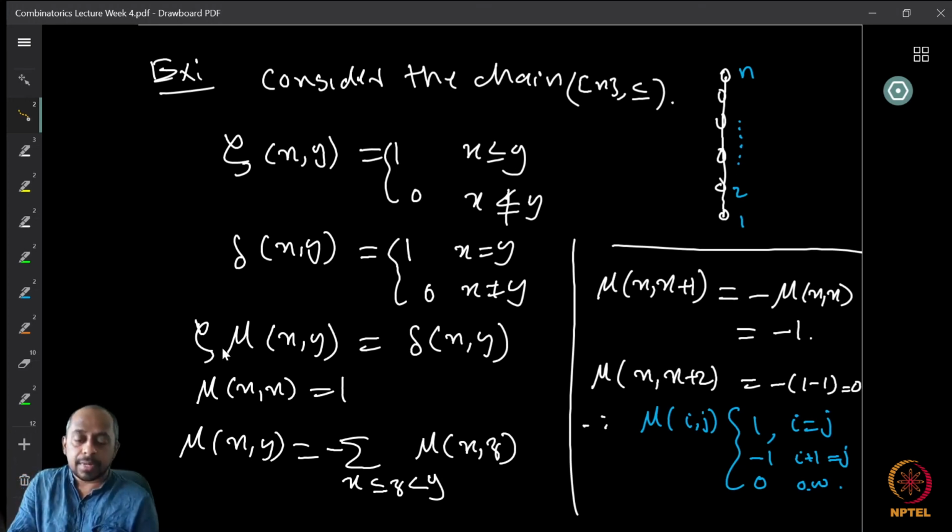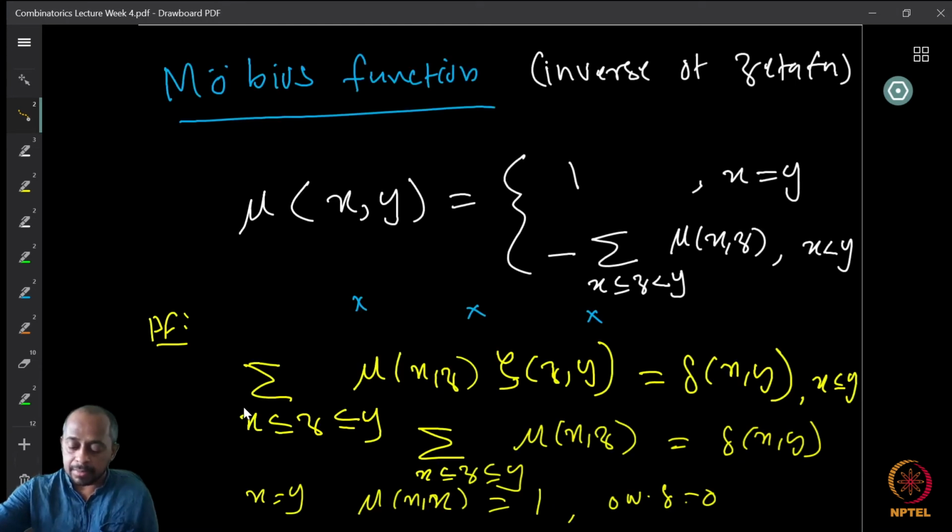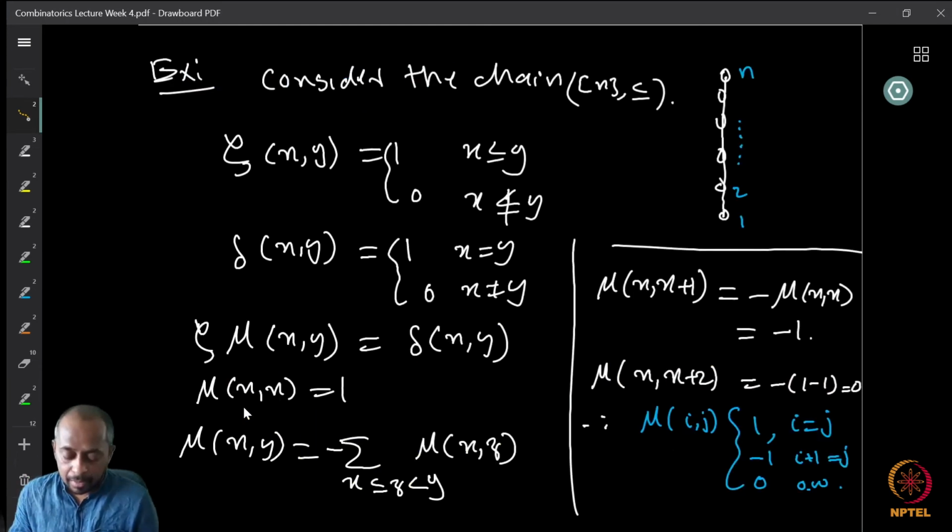Now, by the definition of the convolution, and the definition that zeta and mu are inverses of each other, zeta mu of x comma y is equal to delta of xy. Now mu of x comma x is equal to 1, we already established that. And mu of xy has this formula, minus the summation over x less than or equal to z less than y of mu of x comma z. Let us use this to compute mu in this case.